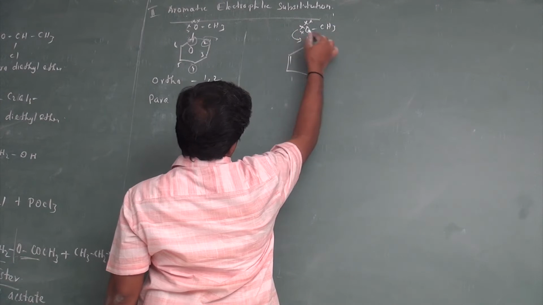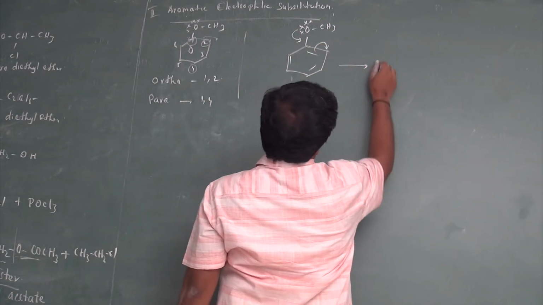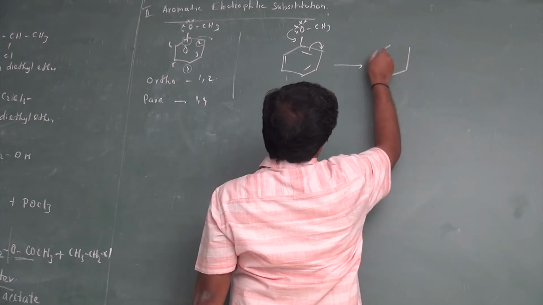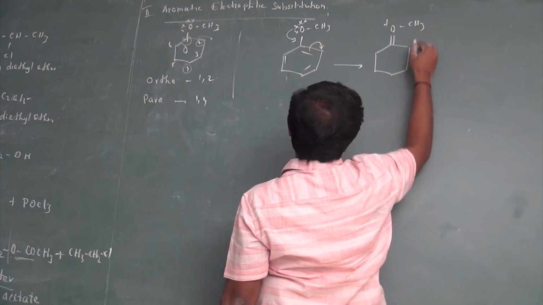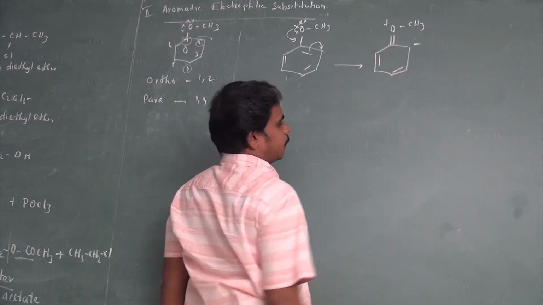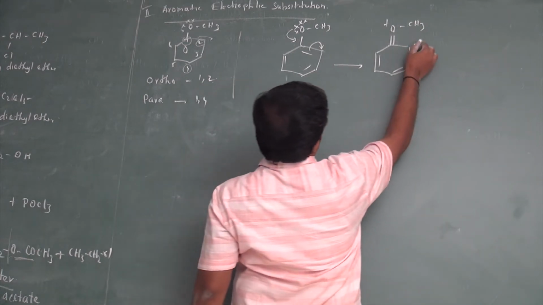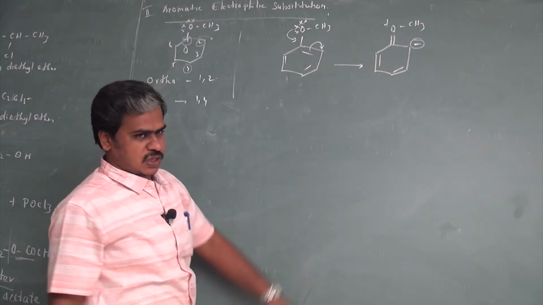So the bond is moving here and the bond is moving here. So we get a resonating structure here, double bond O plus and CH3, and a negative charge. It is an undisturbed bond. So the negative charge is created at the ortho position.